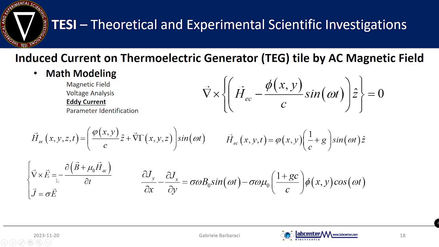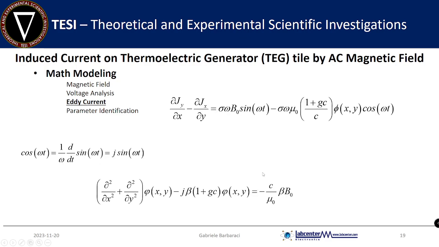By knowing the electric field and the expression that we have found, in presence of Ohm's law in terms of current density, we obtain a first order differential equation in terms of current density along the x and y direction, that will also be replaced by knowing that cosine omega t is equal to j sine omega t.